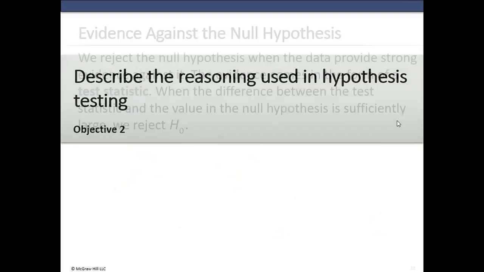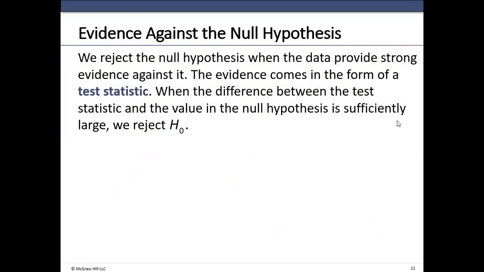Reasoning used in hypothesis test. We reject the null hypothesis when the data provides strong evidence against it. That means the data from the sample provides enough evidence to support the alternate hypothesis. Then we'll reject the null hypothesis. The evidence comes in the form of a test statistic. What is a test statistic?